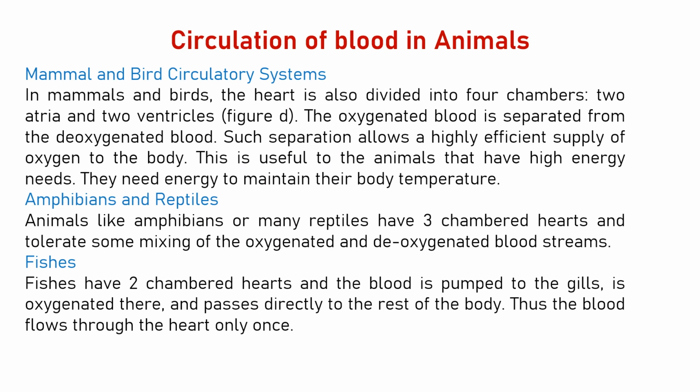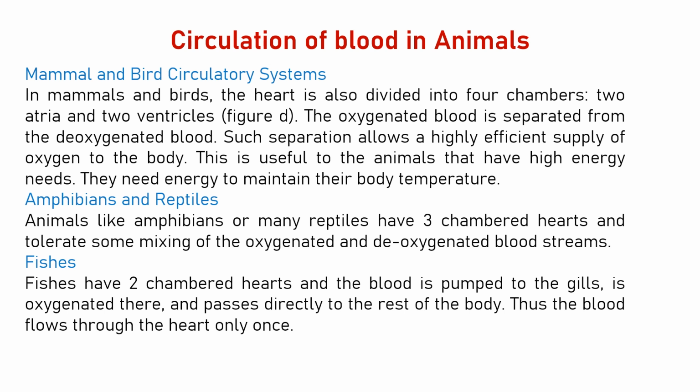Circulation of blood in mammals and birds is a double circulatory system because our body needs to adjust the temperature. Okay, so to maintain the temperature, in fact we have a constant 37 degrees Celsius temperature, it has to be maintained, so that requires a lot of energy.